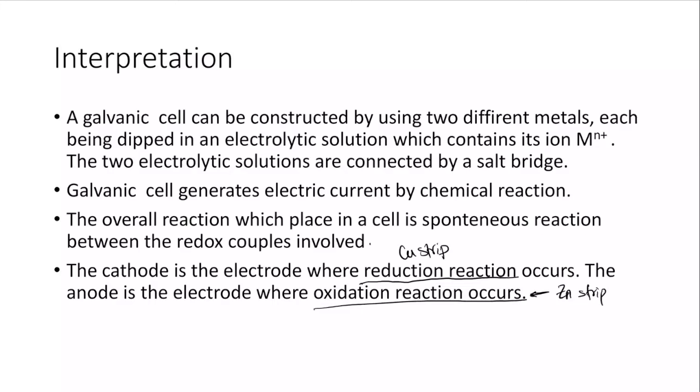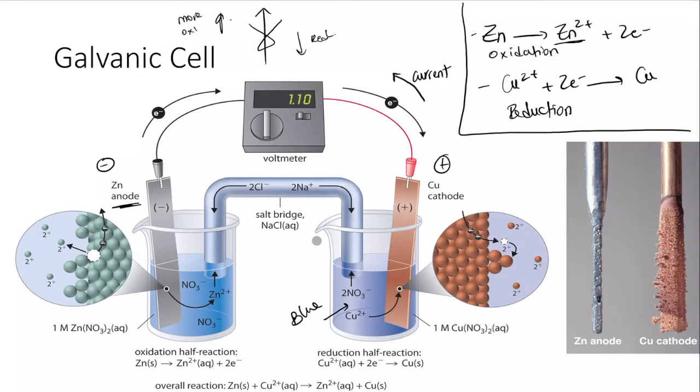As we've mentioned, the copper holds the positive terminal of the cell and the zinc strip holds the negative terminal of the cell. The electrons in this case travel in the opposite sense of the current flow, from the zinc strip to the copper strip, and the electrons which travel in the external circuit are a result of an oxidation reduction reaction.